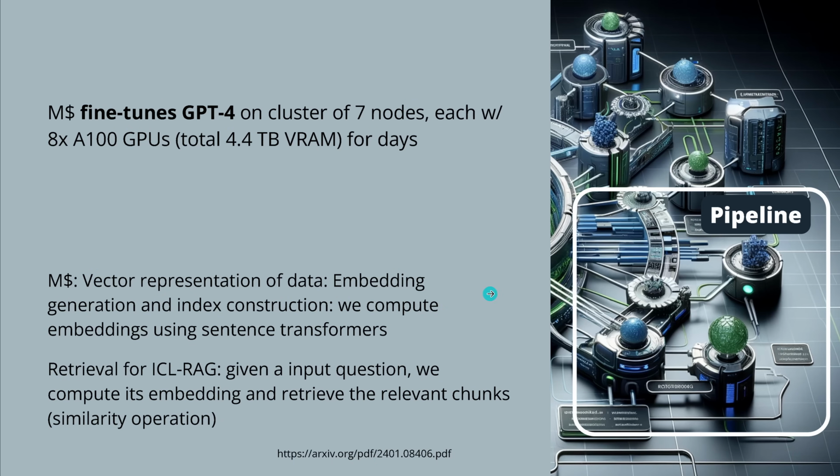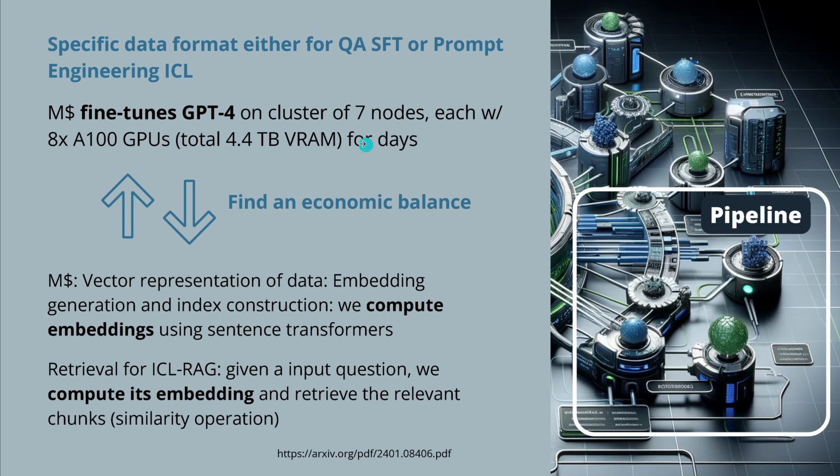So now they had this data, and they could look at the performance. Now, it is interesting to find an economic balance, because definitely not I am able to spin up 50 or 100 GPUs every time I want a little bit of fine-tuning for my GPT-4. So we have to find an economic balance. However, in research and the pure scientific setting, you also have to decide for your question and answer between supervised fine-tuning or prompt engineering with in-context learning.